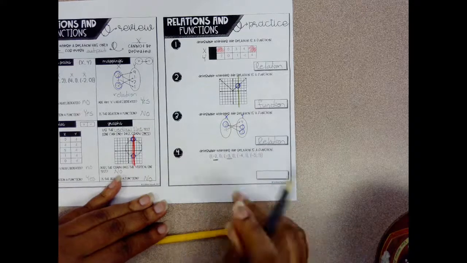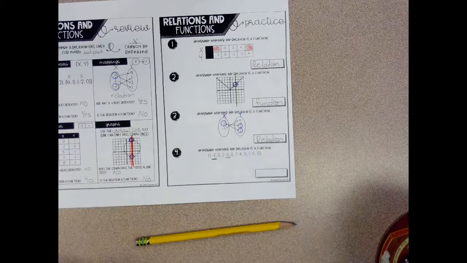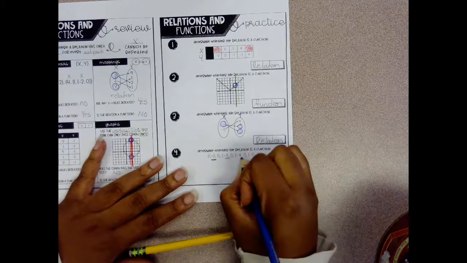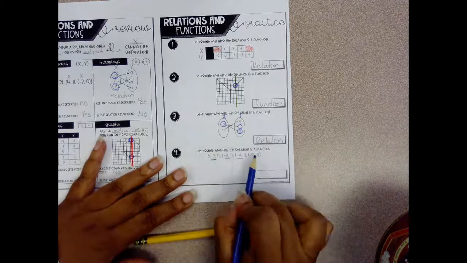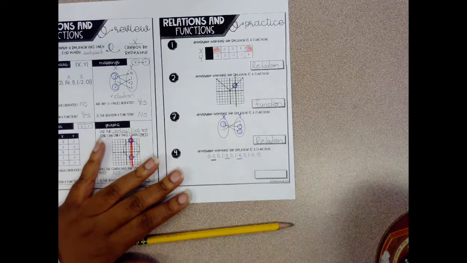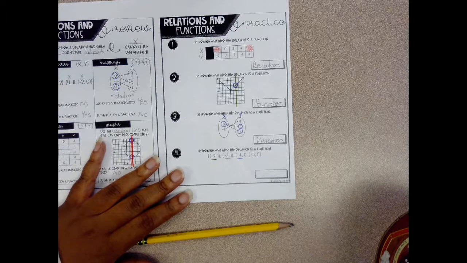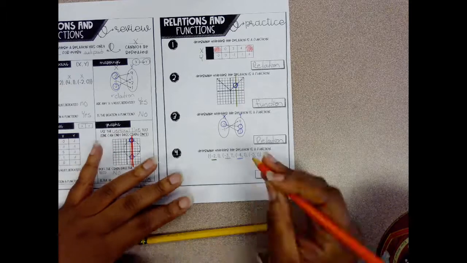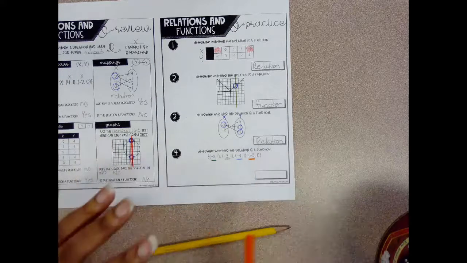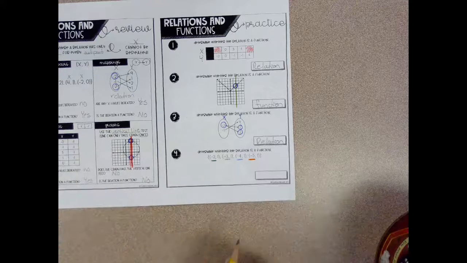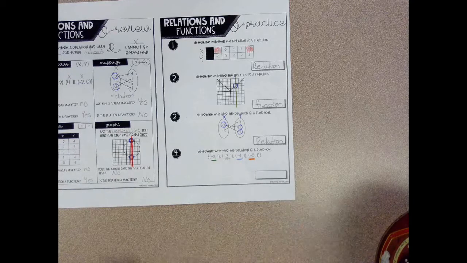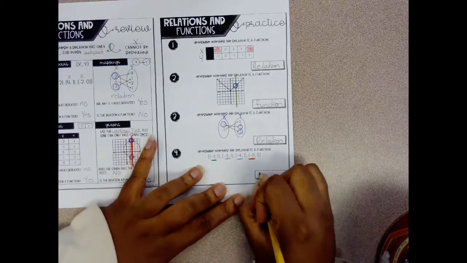I don't have any other -3s. I'm going to use this color to represent -4. I don't have any other -4s. And I'm going to use this color to represent -5. And I don't have any other -5s. So since I have 4 different colors, meaning I have 4 different x values, then this is a function.